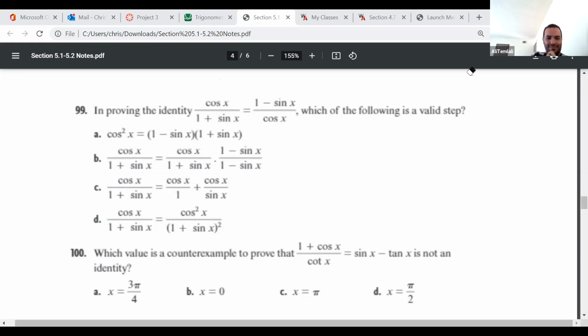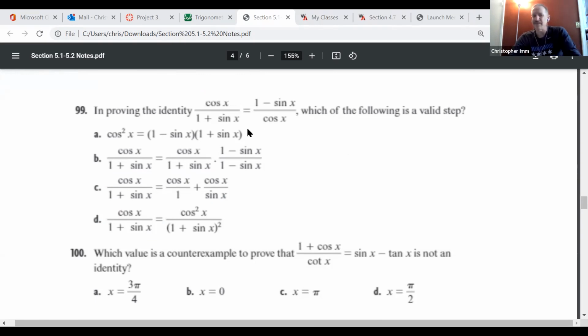Oh, yeah, go ahead. Sorry. We can do A because we have cosine squared, and in the equation it's only cosine. So we cannot do A, I think. Right. That's a good point. We might not want to do A because we probably wouldn't want to multiply by cosine and cosine on the left-hand side.